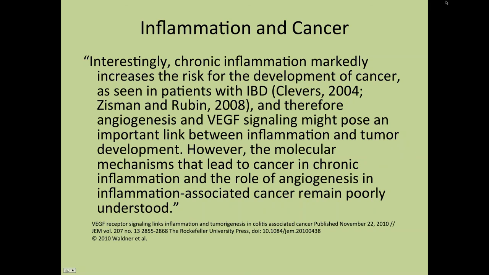The colitis case happened to be a doc and was talking about the fact that we should be measuring VEGF for that doc. It was interesting because it came about from reading this quote: therefore, angiogenesis and VEGF signaling might pose an important link between inflammation and tumor development. However, the mechanisms that lead to cancer and chronic inflammation and the role of angiogenesis in inflammation-associated cancer remain poorly understood. I don't necessarily agree with that.